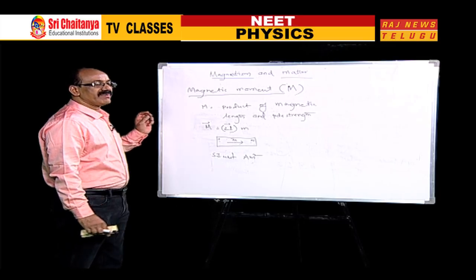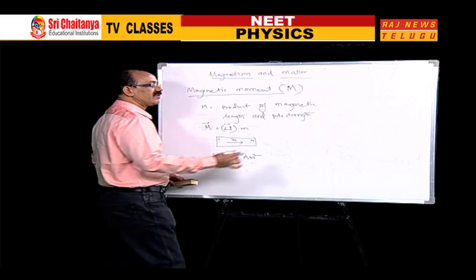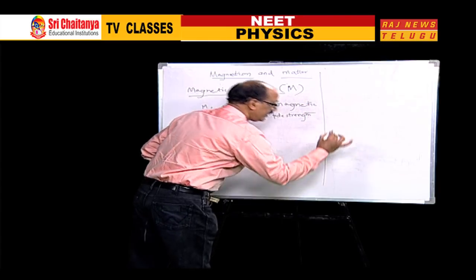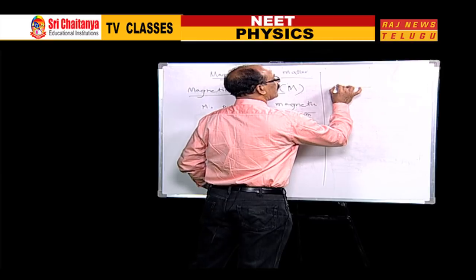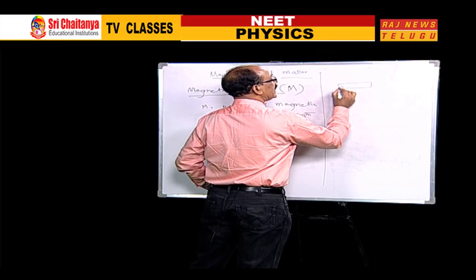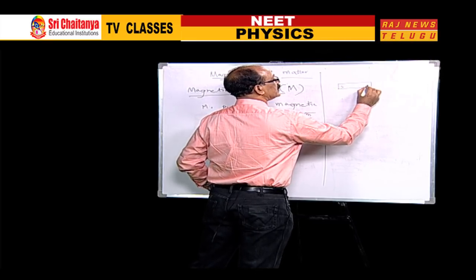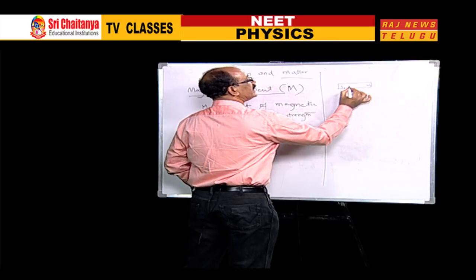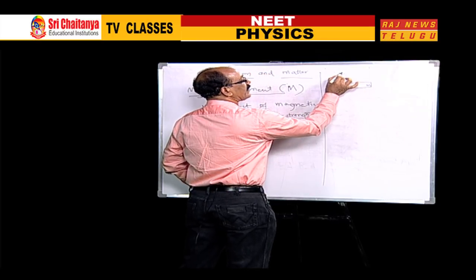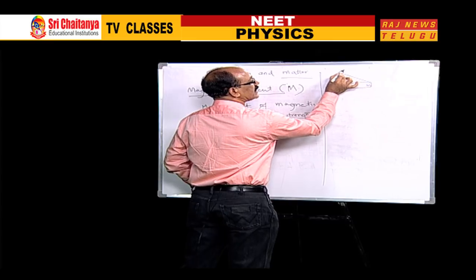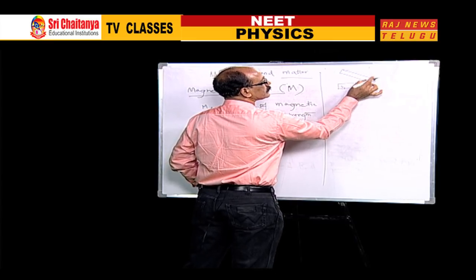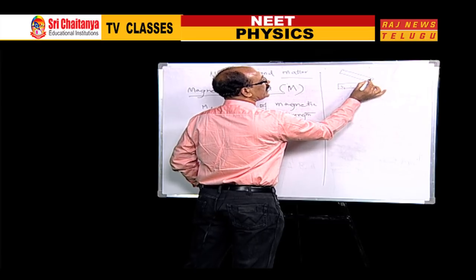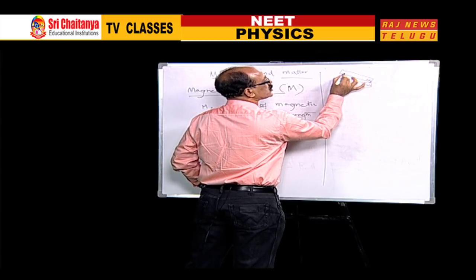So here we need to know certain mathematical relations: when different magnets are placed with some orientation, how can the effective magnetic moment be calculated? For example, take a bar magnet of magnetic moment M1, with a south pole and a north pole, and another bar magnet placed with their like poles together.